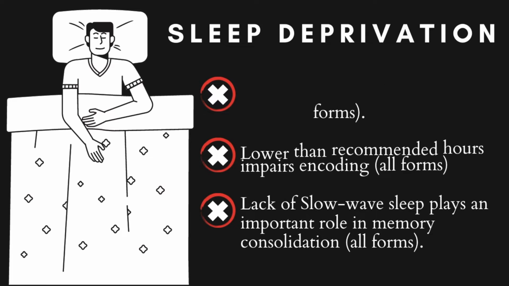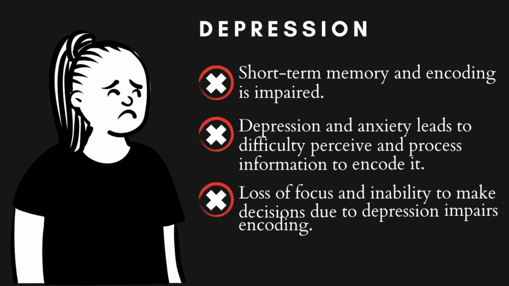The next factor that negatively impacts encoding is the condition of depression. Neuropsychological and neuropsychiatric conditions such as depression or anxiety also impact encoding and the short-term memory faculty. This mainly occurs due to the difficulty that one faces in perceiving information clearly, focusing or actively attending to the information, etc., which impairs the ability of encoding.